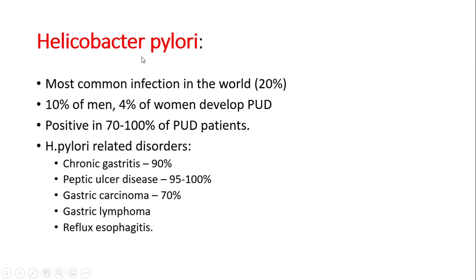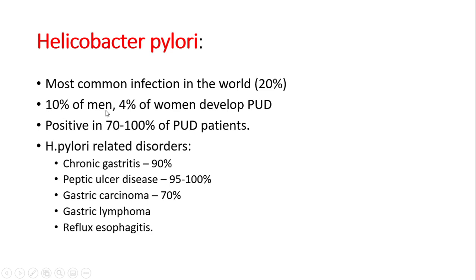H. pylori infection is the most common type of infection worldwide, about 20% of population. 10% of men and 4% of women develop peptic ulcer disease. This is most commonly on a background of chronic gastritis.